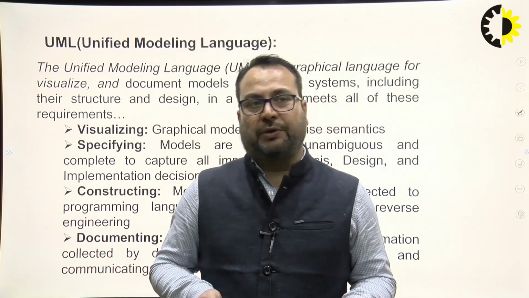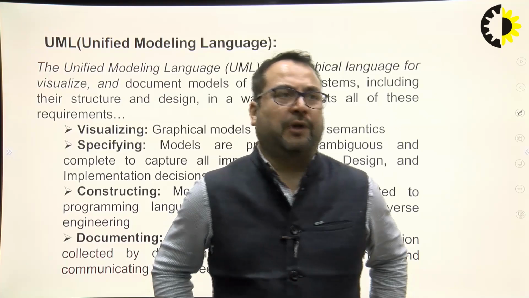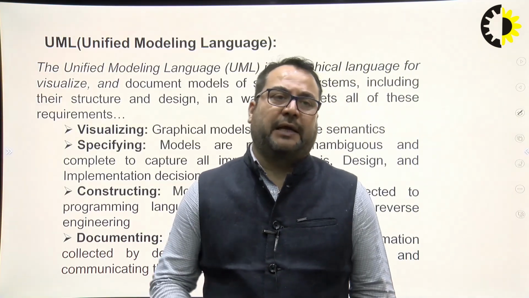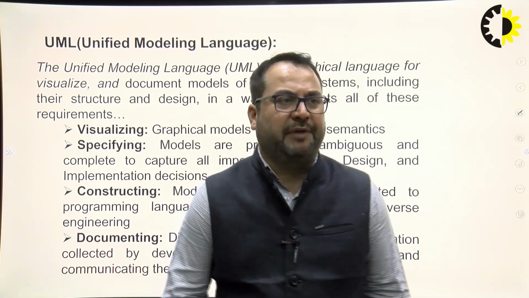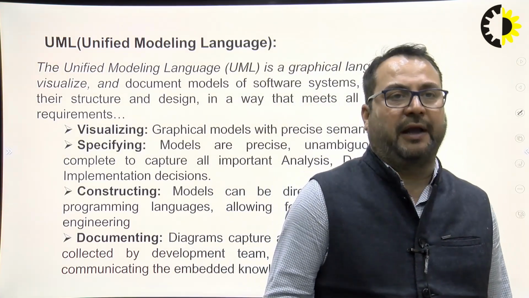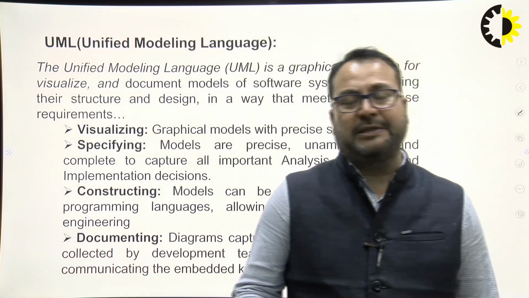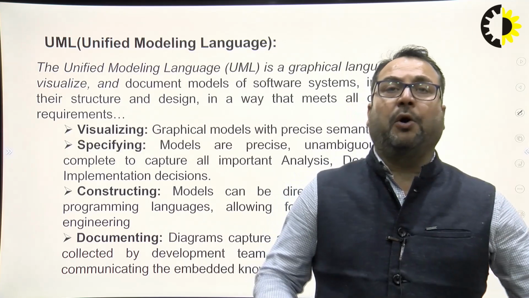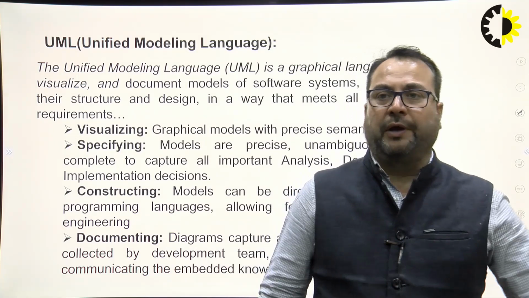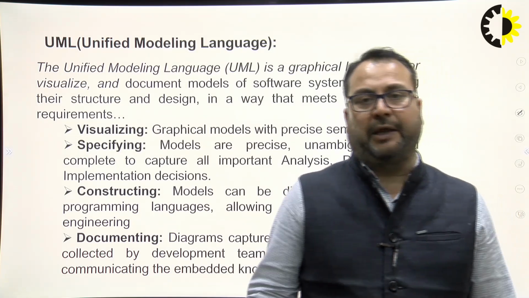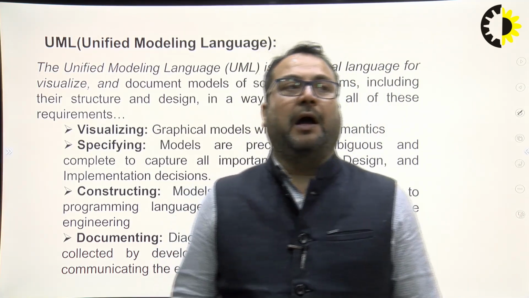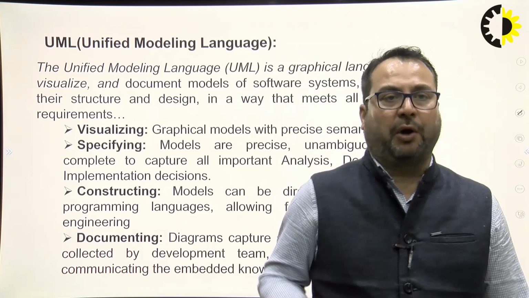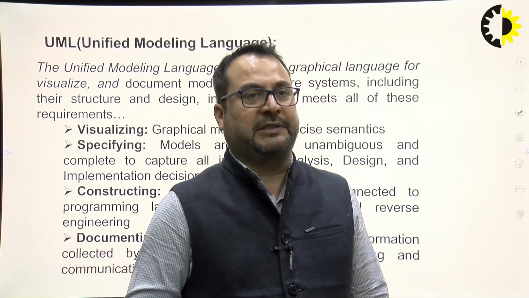You can say that it is basically visualizing, specifying, constructing and documenting things. Things means software systems, and there are many open tools by which we could model the software system process.